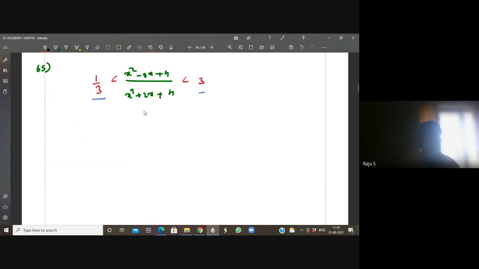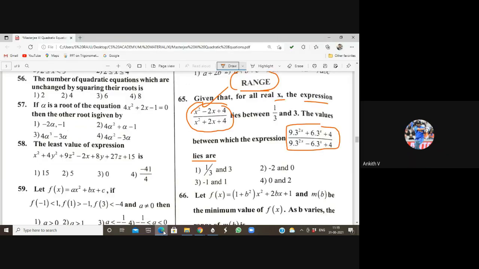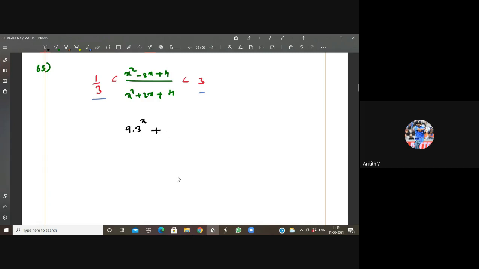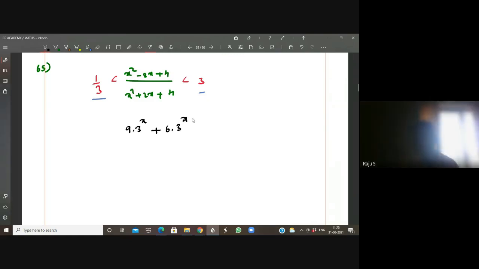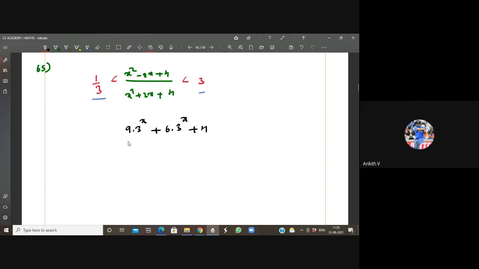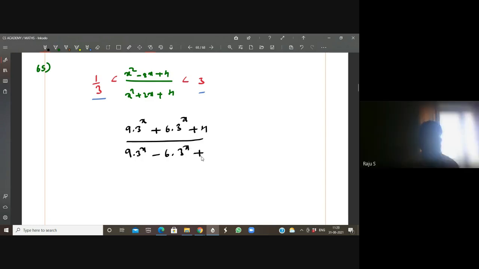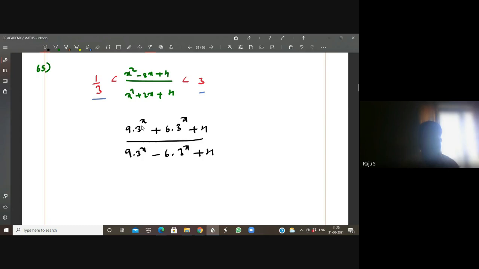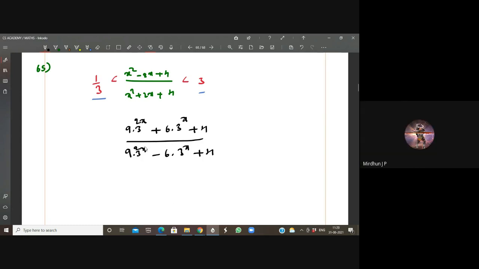Then we require to find the range of the expression (9 into 3 power 2x plus 6 into 3 power x plus 4) divided by (9 into 3 power 2x minus 6 into 3 power x plus 4). The sign alone changes, because in the numerator also it is 9 into 3 power 2x, not x, and in the denominator also.